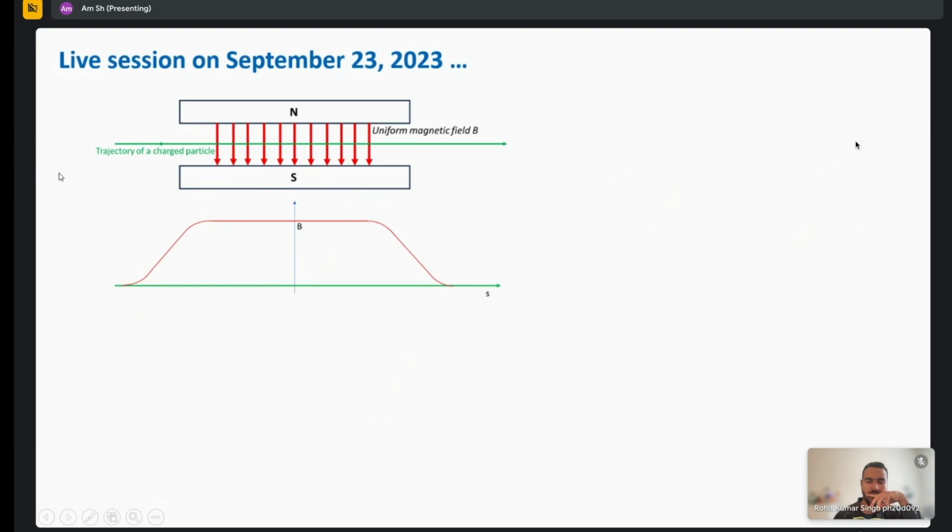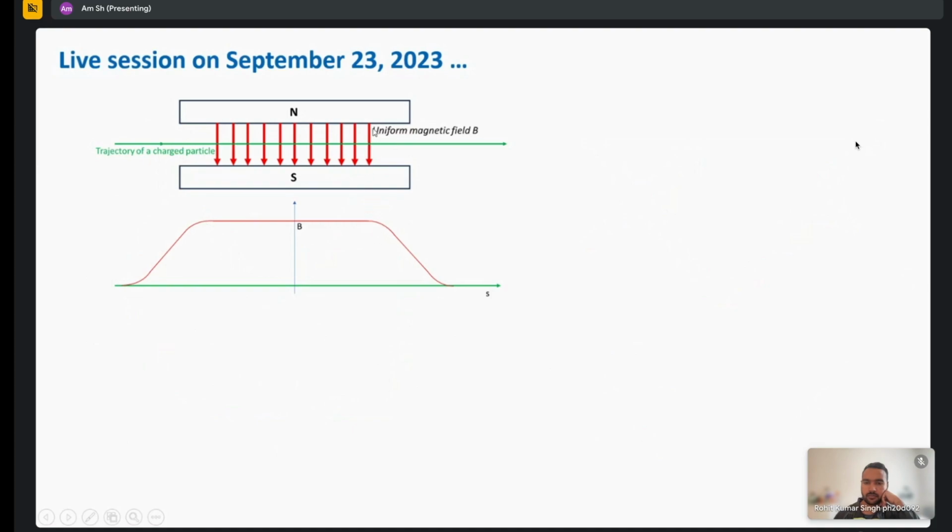Now if we see from the side, the trajectory is going like this. This is the north pole, this is the south pole, and there is a uniform magnetic field well inside the body. What happens actually at the edges? You can see at the edges the magnetic field rises slowly, gradually.